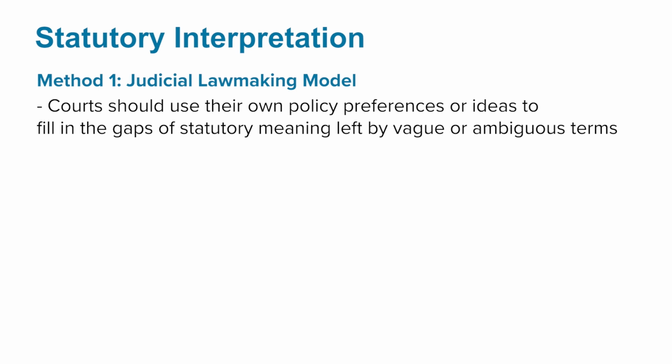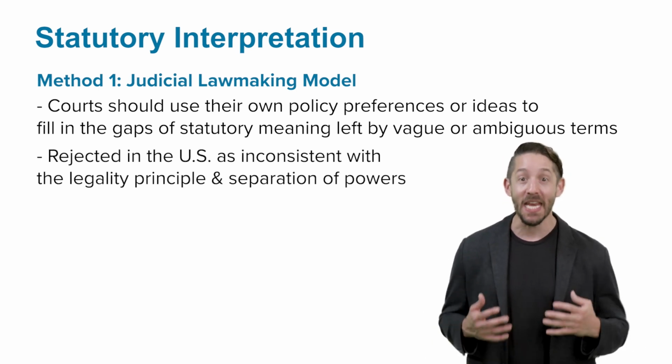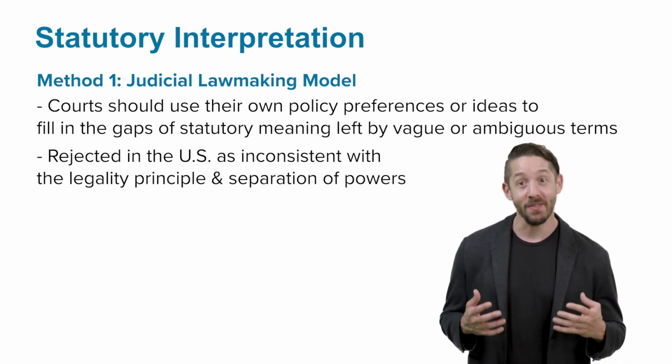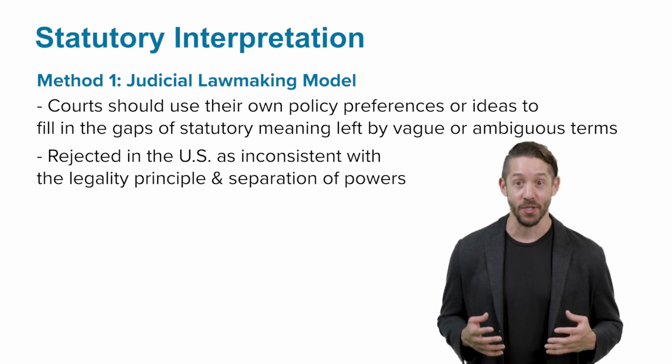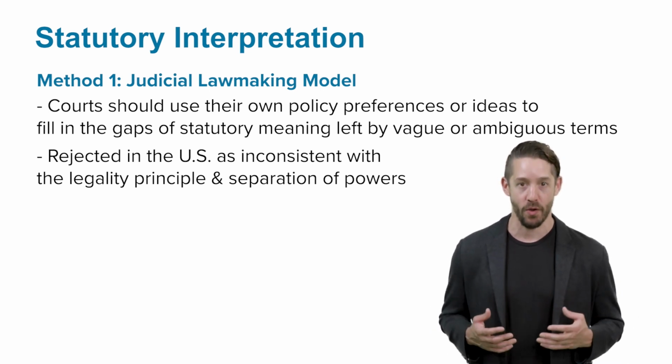There are some judges who embrace this common law method of interpretive lawmaking. Take a look, for example, at the dissent in the Keeler case you'll soon be reading. But on the whole, that method has largely been rejected in the US as inconsistent with the legality principle. One problem is that allowing judges to broadly interpret statutes to promote their own policy preferences fails to provide people with fair notice.